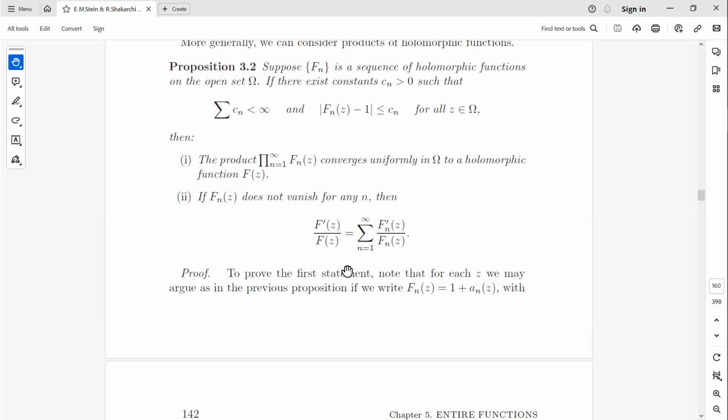There's nothing special about polynomials; you can replace them by finitely many functions and you get the same kind of identity. But when the product converges under these conditions, this also holds for infinite products. That's a remarkable, nice consequence.